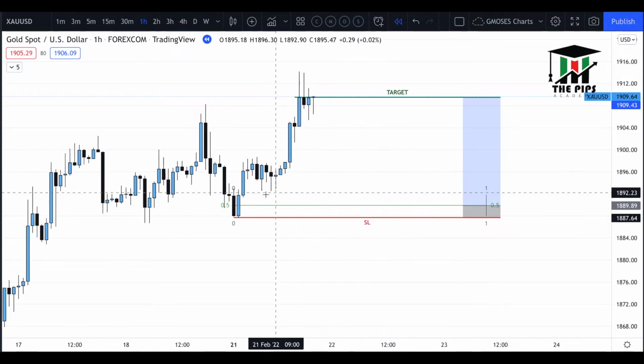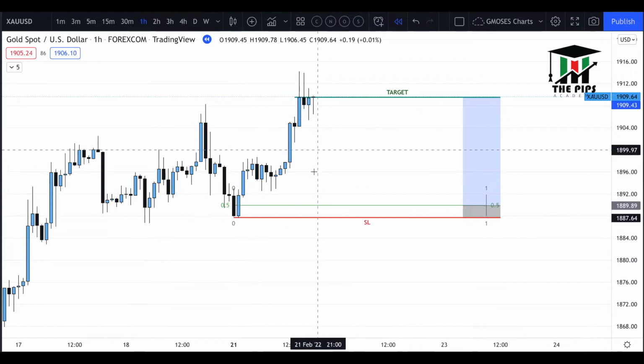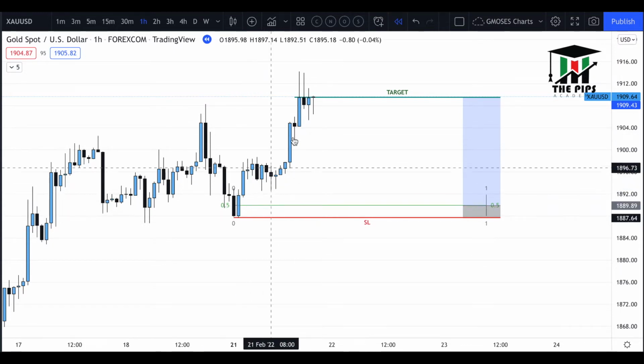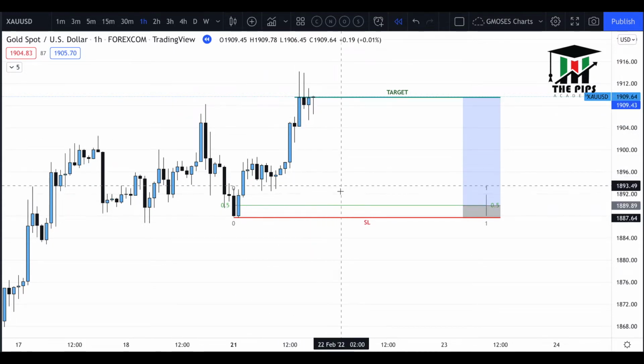However, we don't really have anything that's tested the order block base as of yet. From experience, it lets me know that this needs to be retested. This is a level of demand. So price has to come back down to tap this level of demand, and it hasn't yet. So let's play it out and see what price gave us.